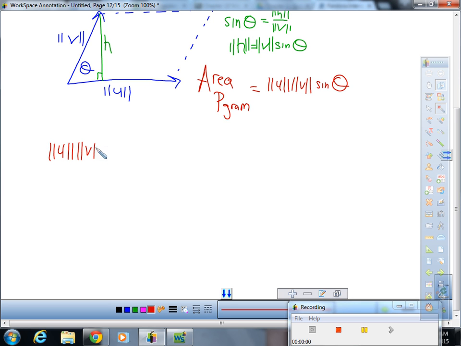Magnitude of u times magnitude of v times sine of theta is equal to the magnitude of the cross product. So the easier way to find the area of a parallelogram in 3 dimensions, so that's a weird term, okay? A parallelogram is 2-dimensional.